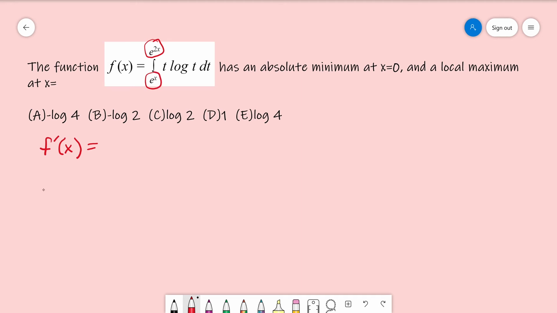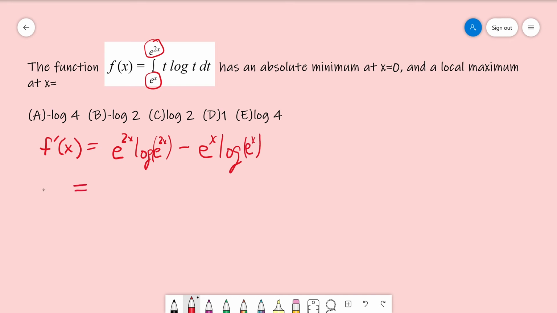So we're going to have e to the 2x log e to the 2x minus e to the x log of e to the x.